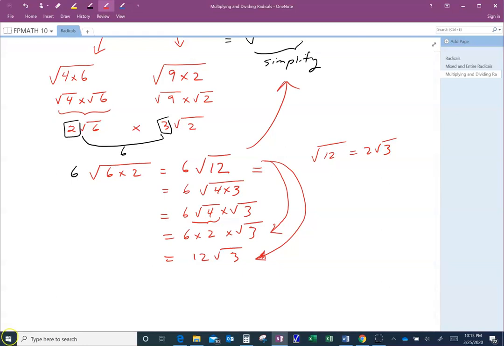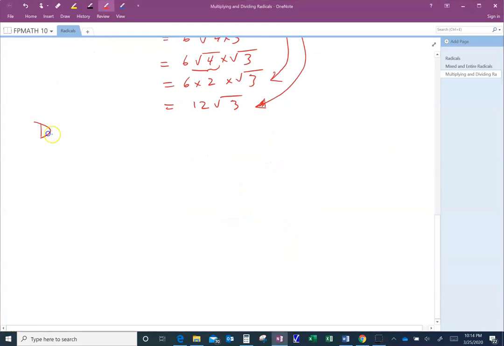All right. So now division is pretty much the same as the multiplication. If you have the nth root of a divided by the nth root of b, that is basically the nth root of a divided by b, where a over b is inside of the radical.